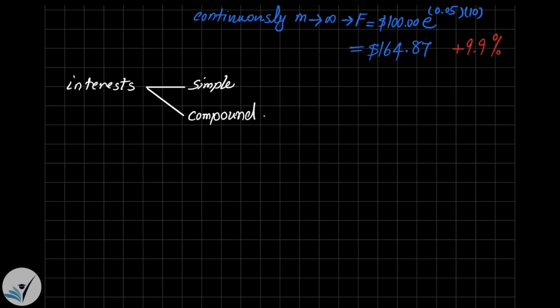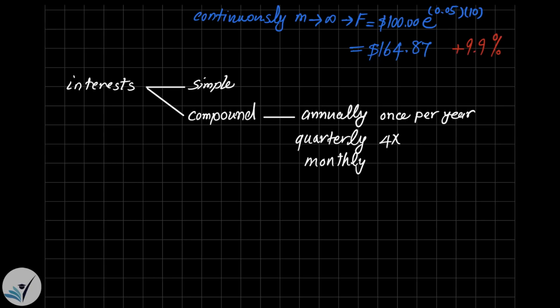We learned about interest that is compounded annually, which means that the interest is paid to the account once per year. We talked about interest that is compounded quarterly, which means that the interest is paid to the account 4 times per year. We also learned about interest that is compounded monthly, and in that case the interest is compounded 12 times per year.